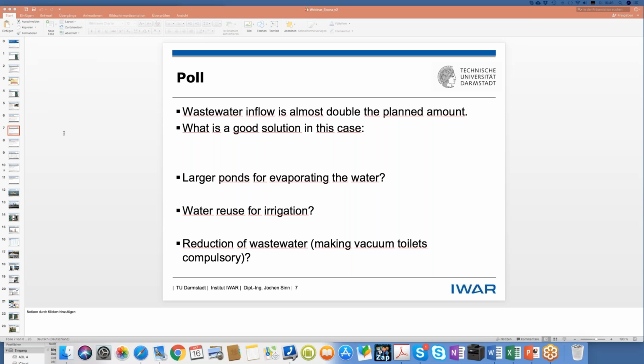In ships, also, and in some new housing developments, we have vacuum toilets, because you need about 0.5 to 0.8 liters per one go, while in the normal toilet, your basin has about 8 or 10 liters.